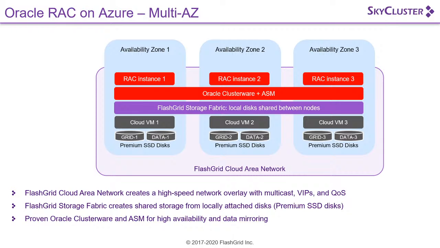But again, in the Azure cloud environment, you do not get shared access to disks. So Storage Fabric solves that problem, and it also integrates very seamlessly with ASM, so all those shared disks are exposed directly to ASM.